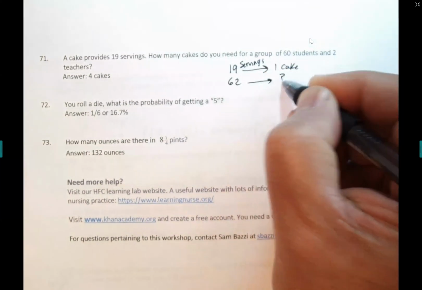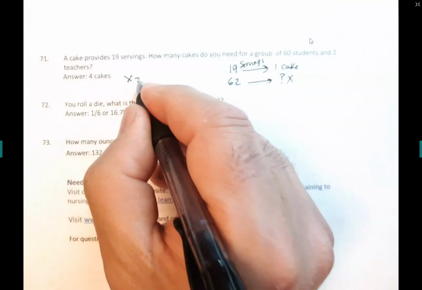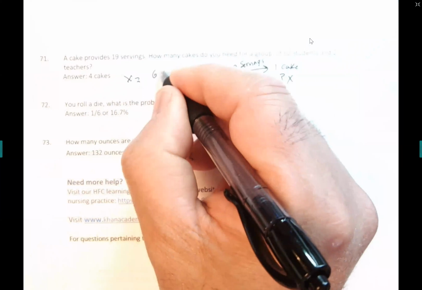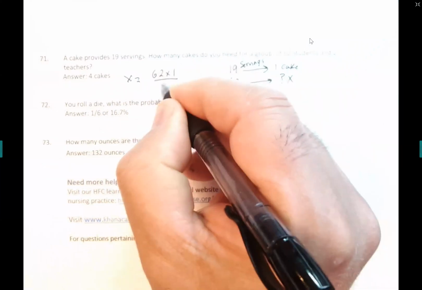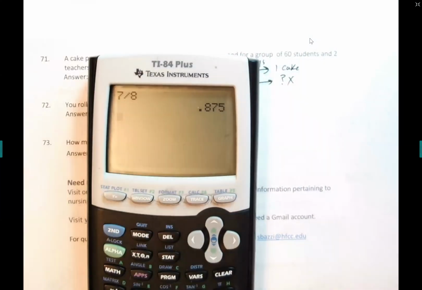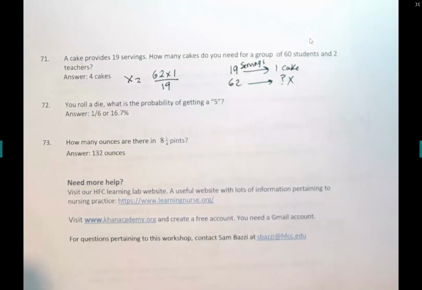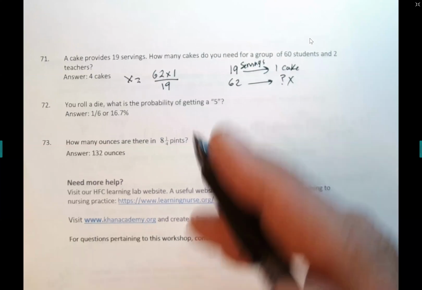Let's find it here, x. So x would be what? 62 times 1 divided by 19. Let's see what we come up with. I got 3.26, but we need the whole cake. So 3 is not going to be enough. It has to be 4 cakes.